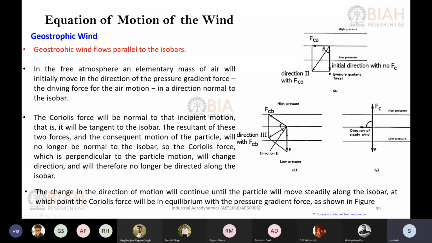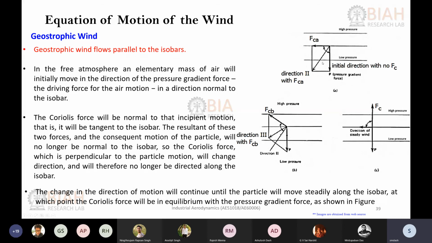Because of these two forces, the resultant wind direction will not be perpendicular. It will be at a slightly different angle. Let's say that change in the angle is direction 2. On this angle now the wind starts to flow.